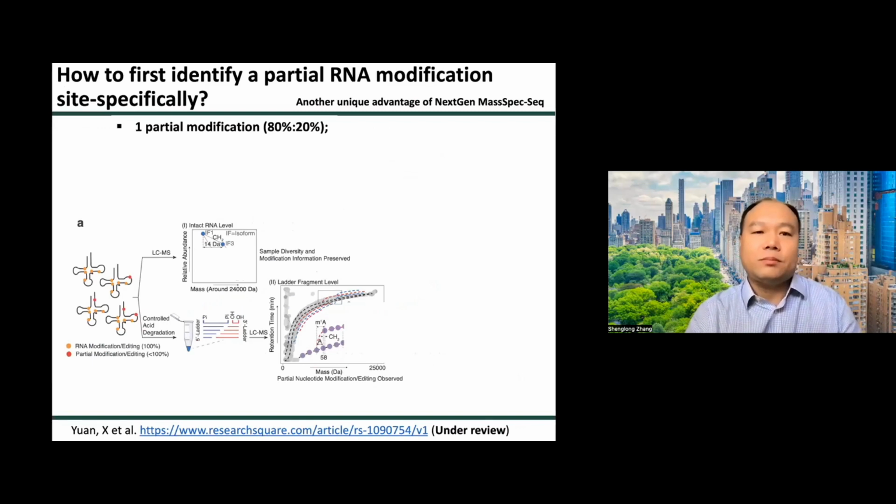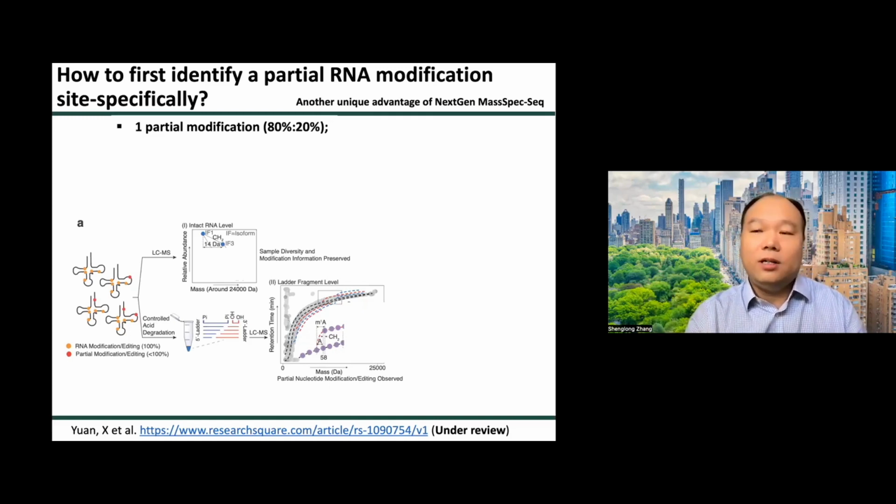So how can we first identify those partial RNA modifications specifically? This is our workflow. Once we have RNA, we divide it into two portions. One goes directly to LC-MS, which helps us preserve the sample diversity and modification information. The other goes through acid degradation to generate the ladders. If we see a partial modification, say methylation, at the intact level, we should see two intact masses with a mass difference of 14.